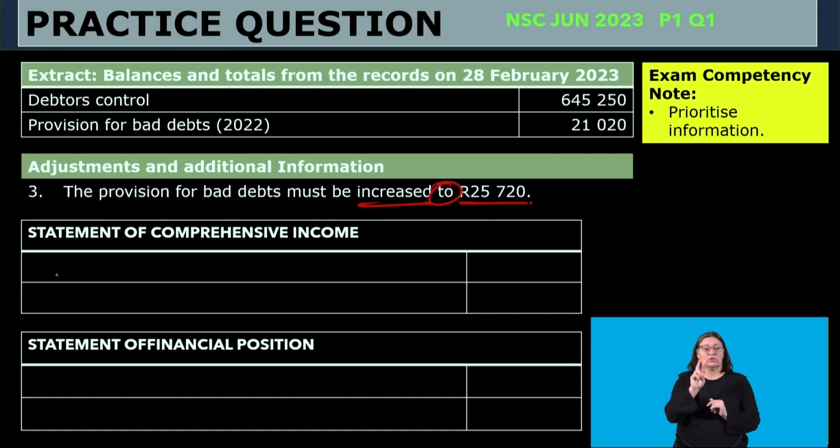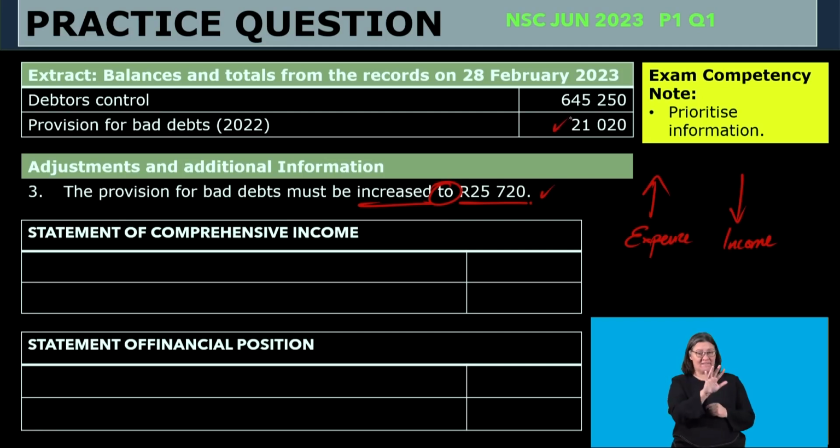When I'm preparing my statement of comprehensive income, I record either an increase in provision, which is an expense, or a decrease in provision, which is income. In this case, I have 25 as compared to 21. You can see it is an increase.